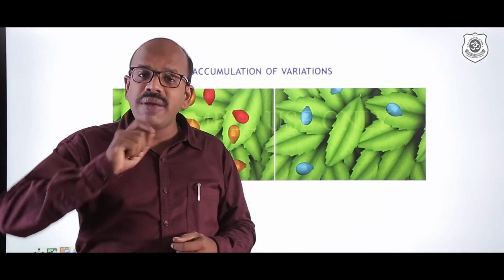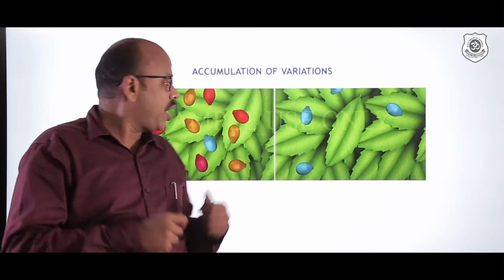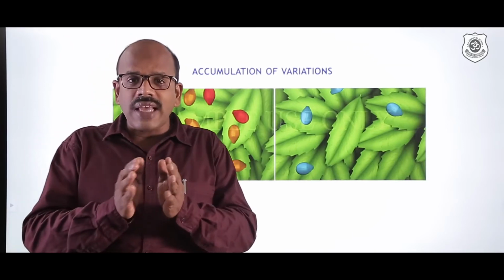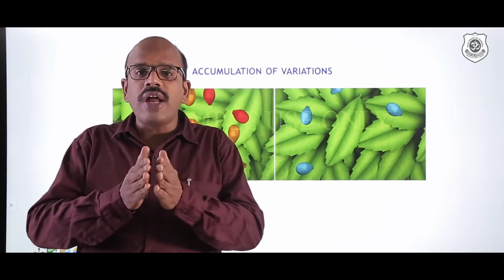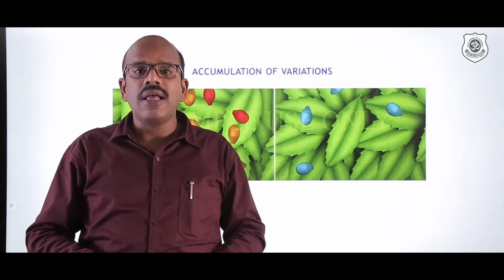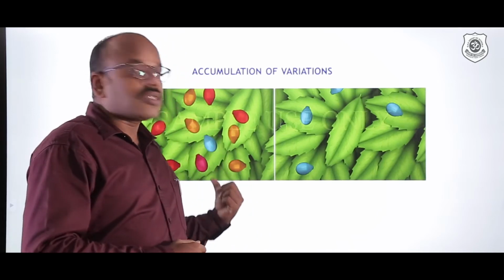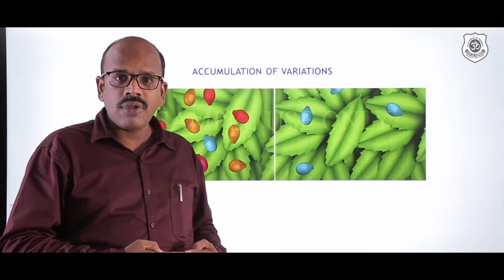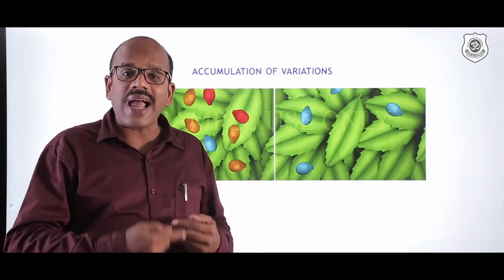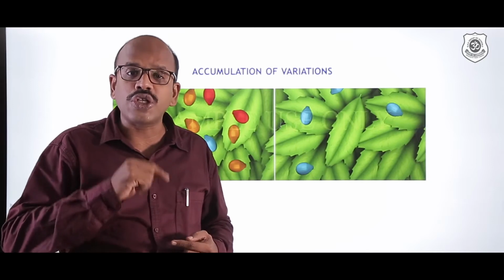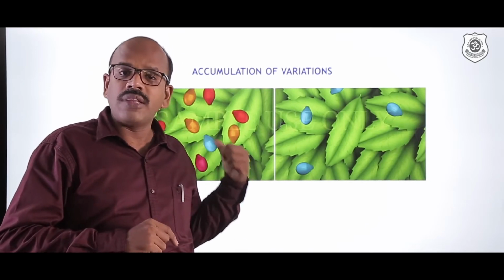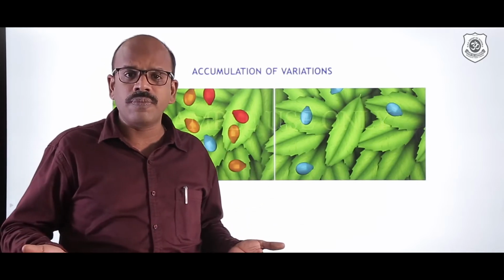Now, this beetle color is only a new variation that we have seen now. Once the area between the two gets segregated to a larger extent, then when this population starts breeding among themselves, new variation can occur in other characters also. We have seen it here with respect to color, but the beetle has a lot of characters.